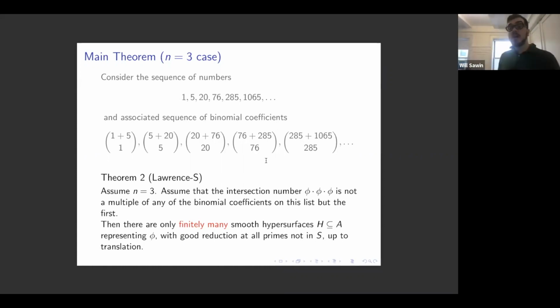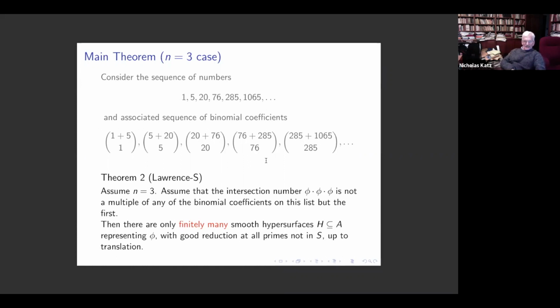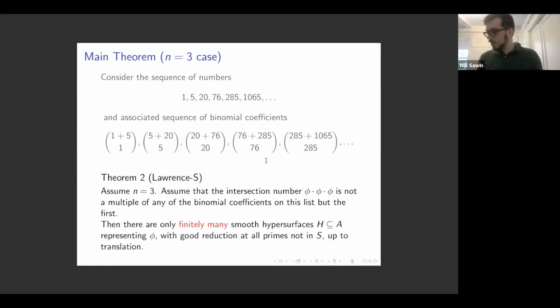And one other thing is for n equals 2, a hypersurface in an abelian surface is a curve. And you can prove the statement in the n equals 2 case basically just using Faltings' finiteness theorem for curves. But that kind of method won't work in greater generality. But there you're saying that the two kinds of good reduction are the same for curves and the abelian surface.